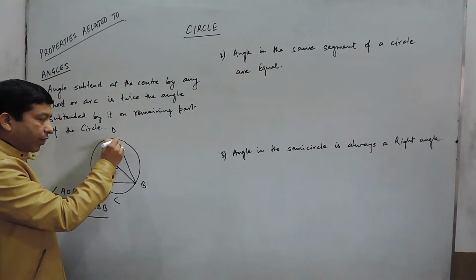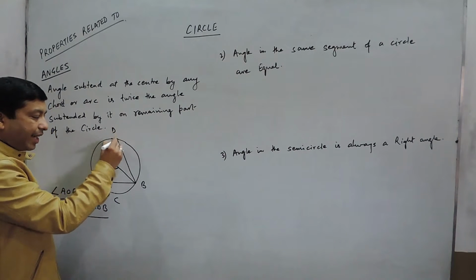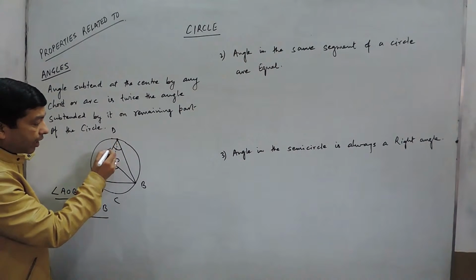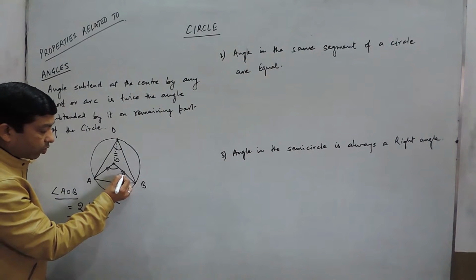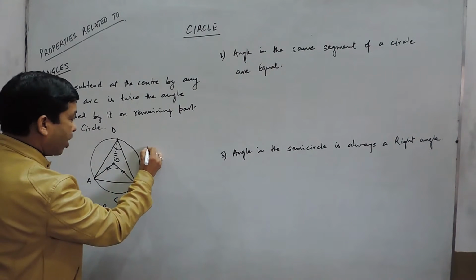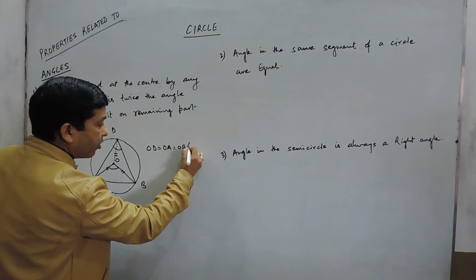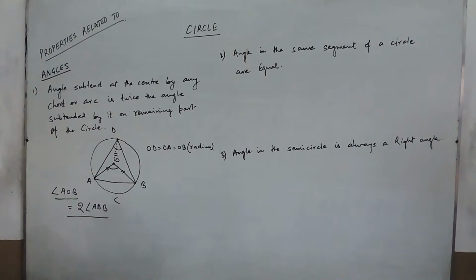Now to prove this, first of all we join the point D with the point O, the center. We understand that OD is equal to OA is equal to OB, which are the radii of the same circle.